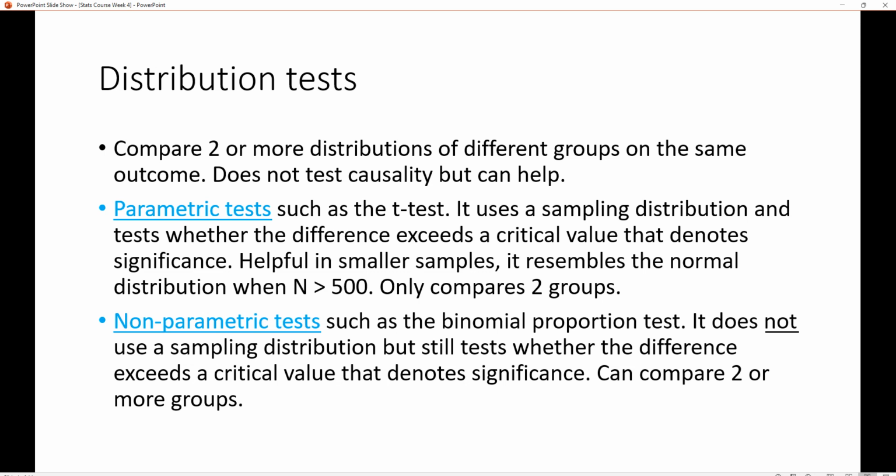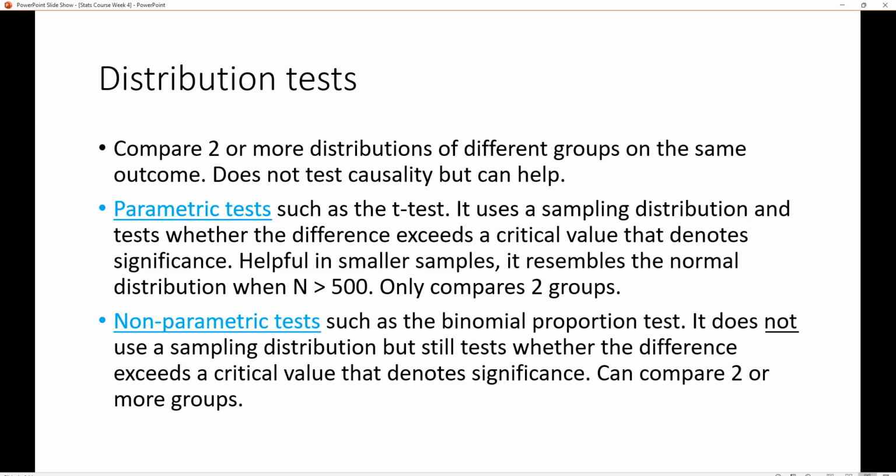It only compares two groups though. And the t-distribution is a little bit narrower in the top and wider in the tails when we're looking at smaller samples, those less than 500. But as your sample size gets bigger, it looks more and more like that normal distribution we've looked at in the past.